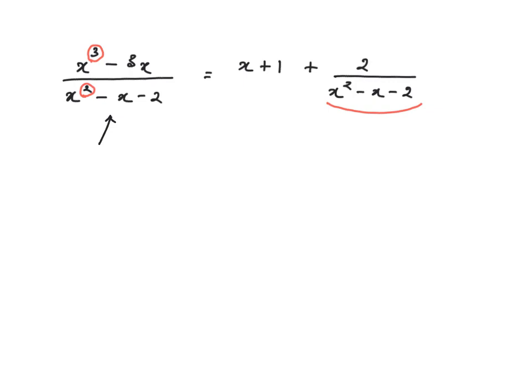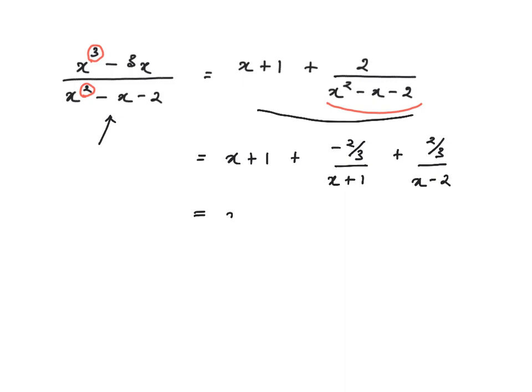This was our answer at the halfway stage, and we need to include this x plus 1, that's part of the function, and then it was minus 2/3, so we could write it as plus minus 2/3 over x plus 1 plus 2/3 over x minus 2, and we could maybe tidy this up just a little bit. I might write it like this. I'm going to move the last term into third place, and the negative term can go in this position here.